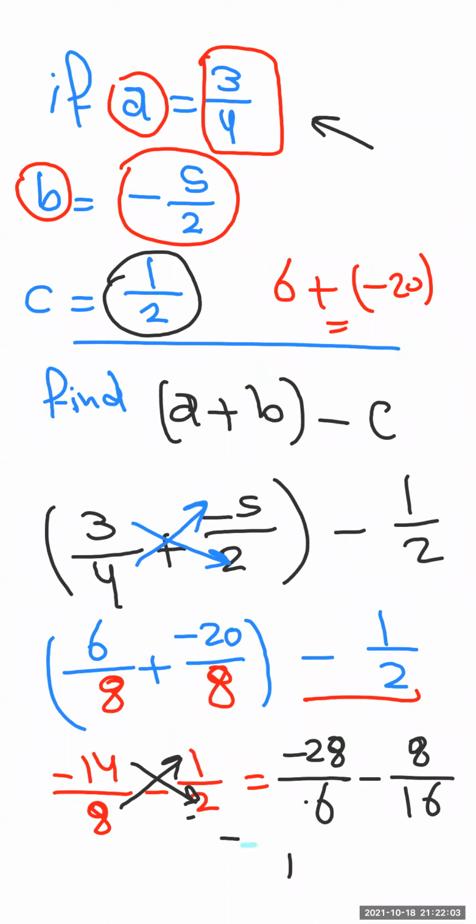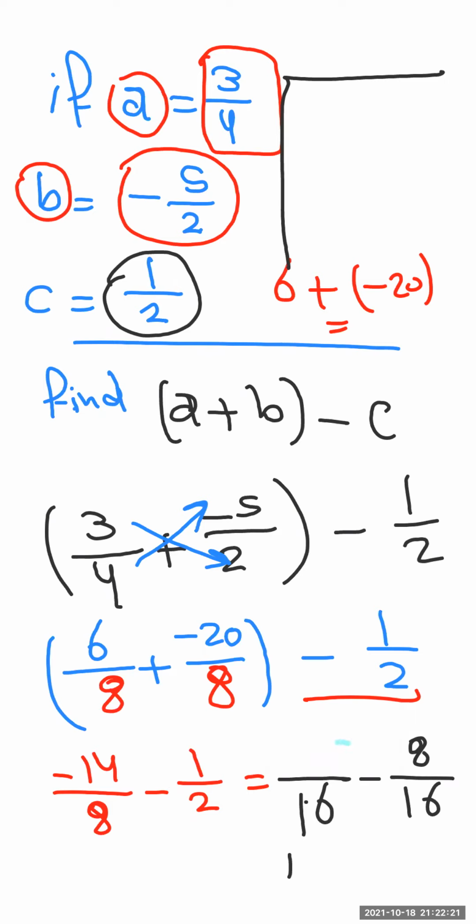Teacher, you subtracted them from each other, so why did you make it negative 28 over 16? Here, the two denominators again will be 16, correct? 8 times 2. Then multiply 14 times 2.